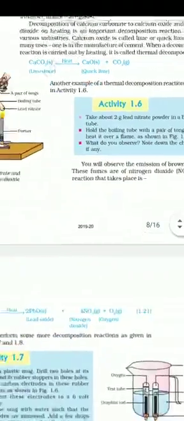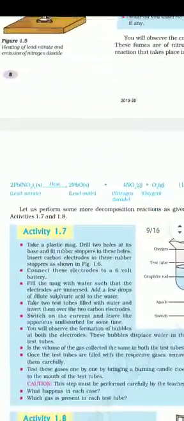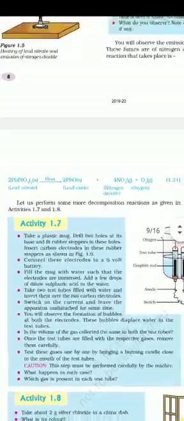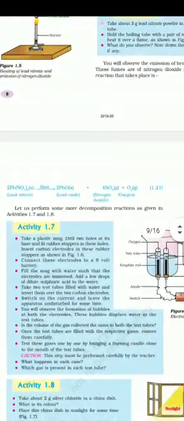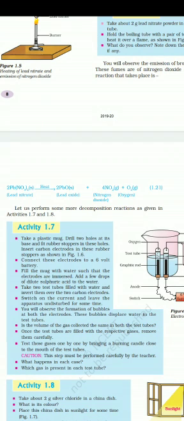Now on the next page we have this reaction, clearly visible: 2Pb(NO3)2, when we apply heat, gives lead oxide, nitrogen dioxide and oxygen. And this nitrogen dioxide has brown colored fumes.